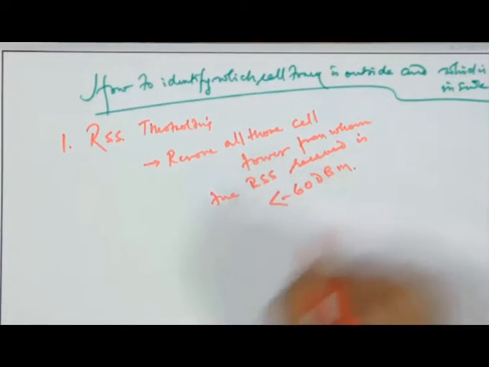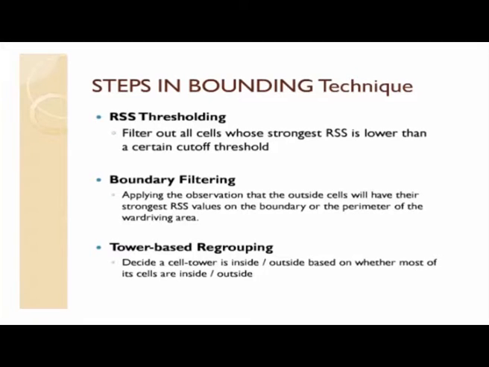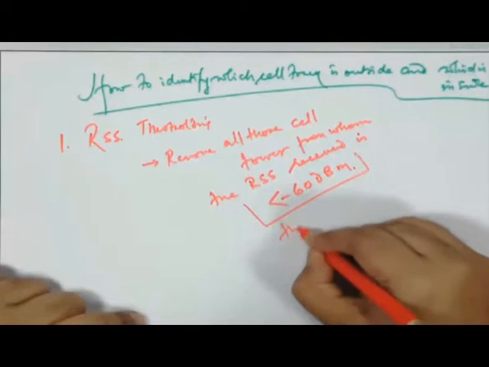Okay, so RSS received is less than minus 60, which is a threshold. So here we are writing a threshold concept.